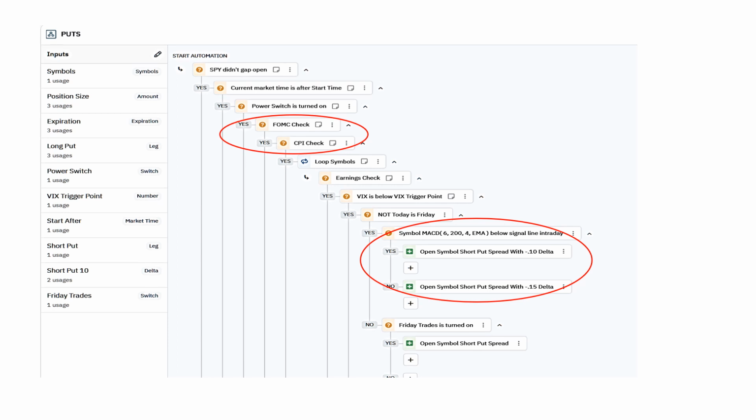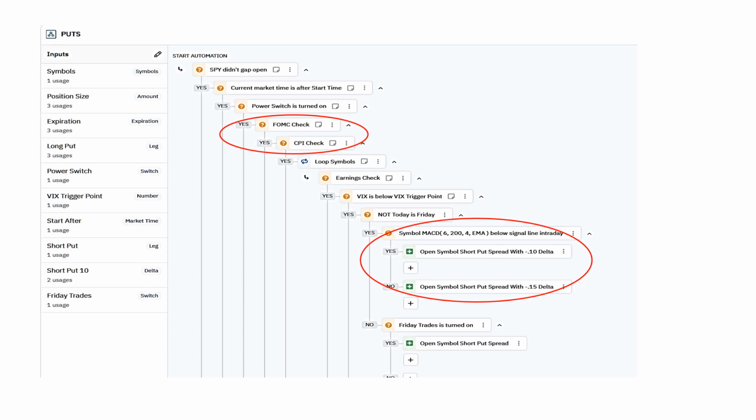Finally, we run the MACD check to help us determine which way the market is headed. A recent change moved the analysis from using yesterday's data as part of the averaging process to using the current day pricing. This makes the analysis respond more quickly to changing environments. Based on the MACD comparison of the 6-day moving average versus the 200-day moving average, the bot selects the appropriate delta.